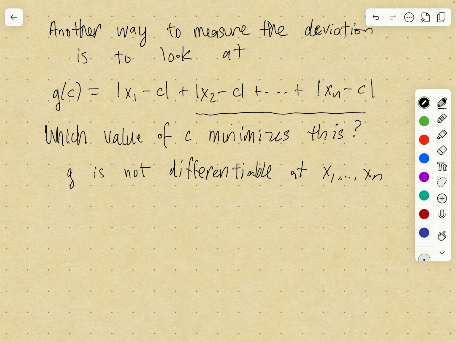So if g were differentiable at x1, then you could do g of c minus this function that I underlined. And then since the difference of differentiable functions is differentiable, that would be differentiable. But the absolute value of x1 minus c is not differentiable at x1. And so that's the reason why.